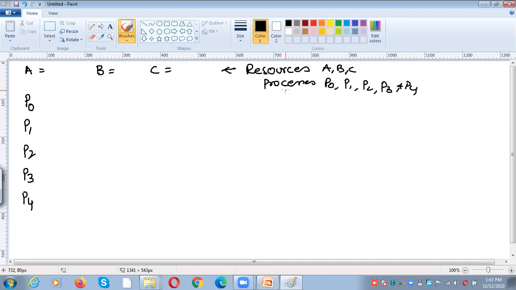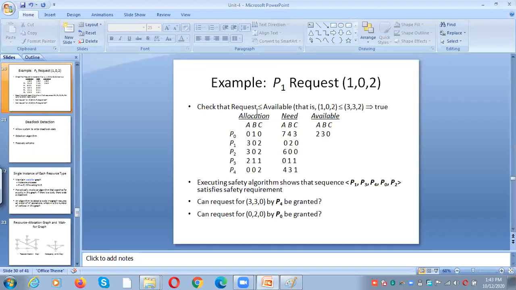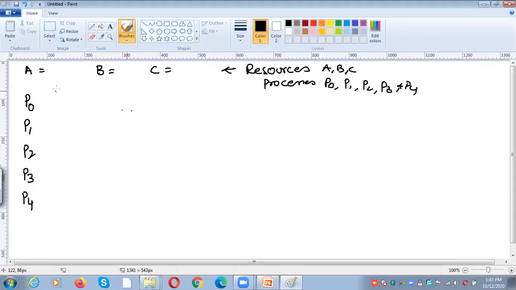These are the processes available in the system, right? And how many resources are available? A 10, B 5 and C 7. So these are the instances: 10 instances of type A, 5 instances of resource B, and 7 instances of type C are available.